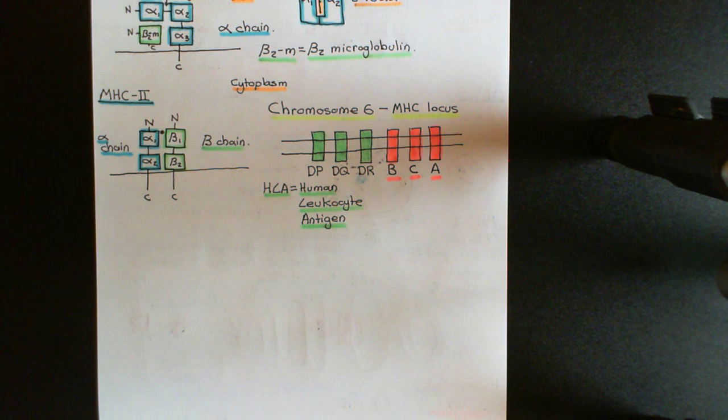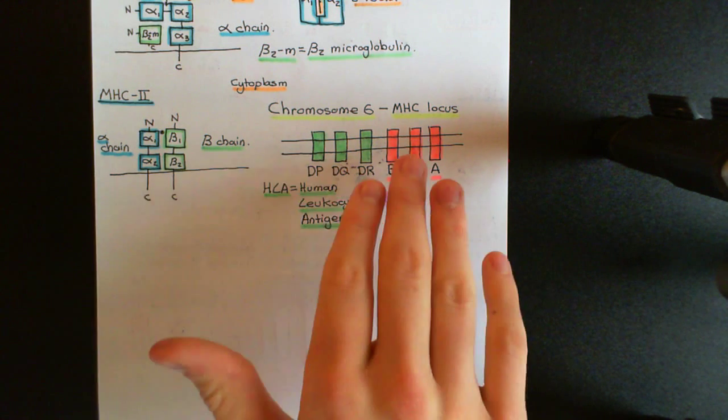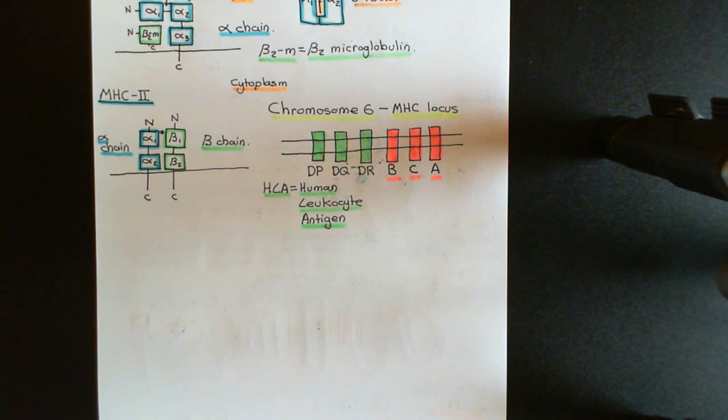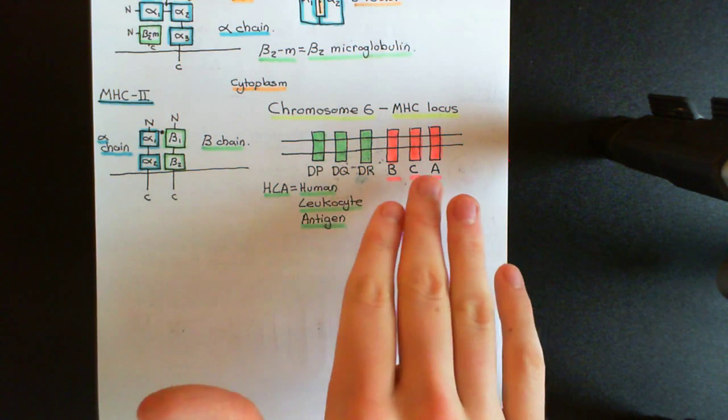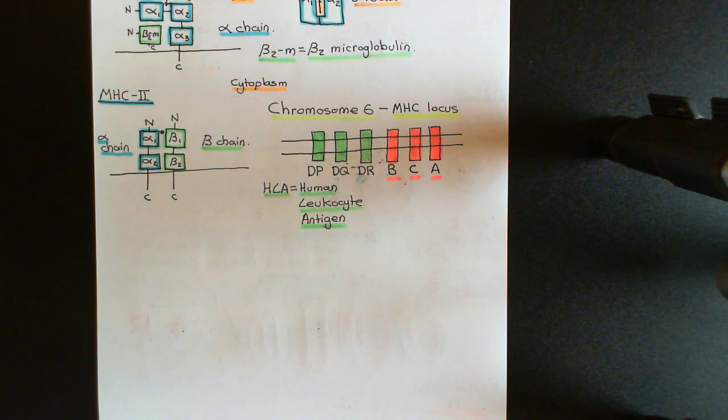But in one complete set of chromosomes, so from 1 to 22, you won't have multiple copies of beta-2 microglobulin like you do have multiple copies of genes for making MHC class 2 complexes and also the alpha chains of MHC class 1 complexes. So the beta-2 microglobulin gene is elsewhere, and it's just producing beta-2 microglobulin proteins.